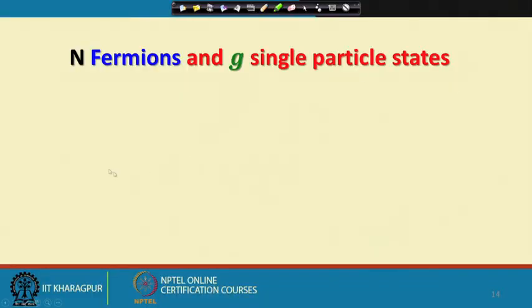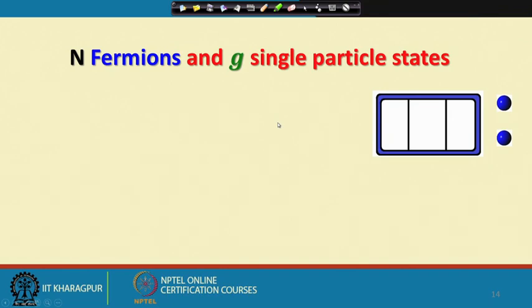We have repeatedly seen in this course that we are going to talk about a very large number of particles, and equivalently there may be a very large number of single particle states available to them, where we are going to populate these particles. So, let us now have a look at what happens if I have capital N fermions to be distributed over small g single particle states to generate the different microscopic states of the system.